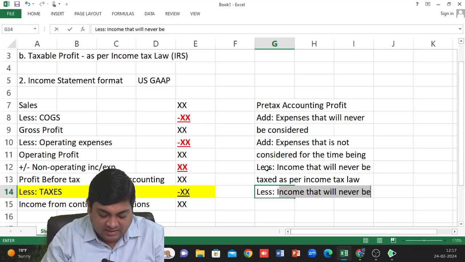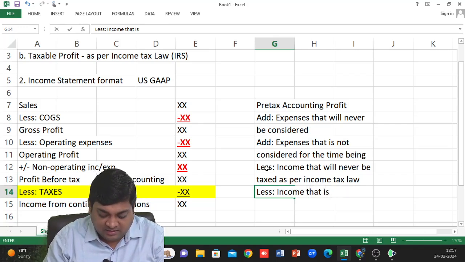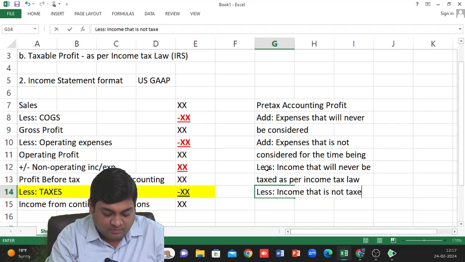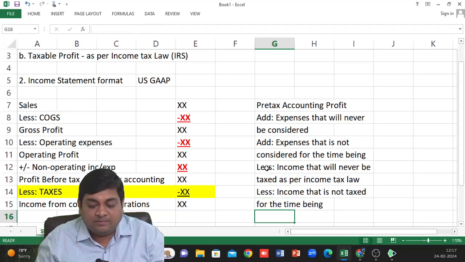Less income that is not taxed for the time being.